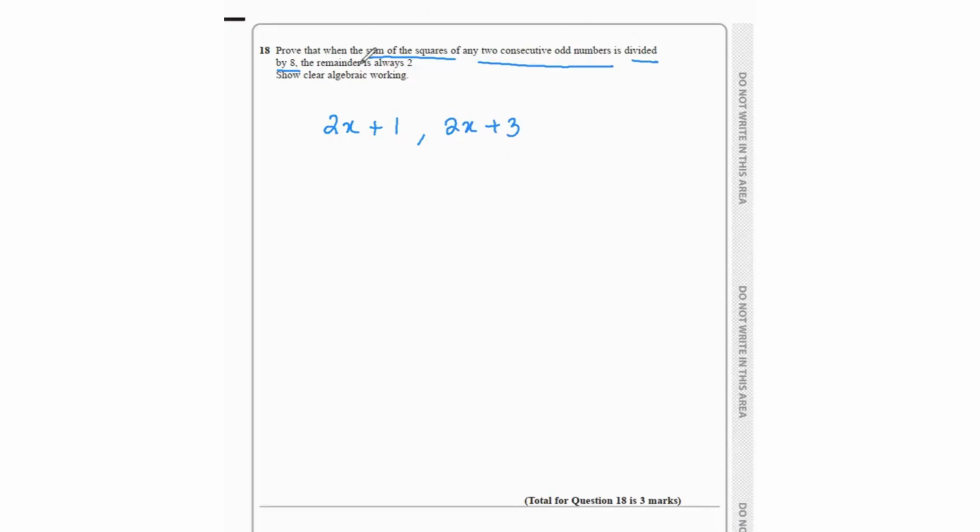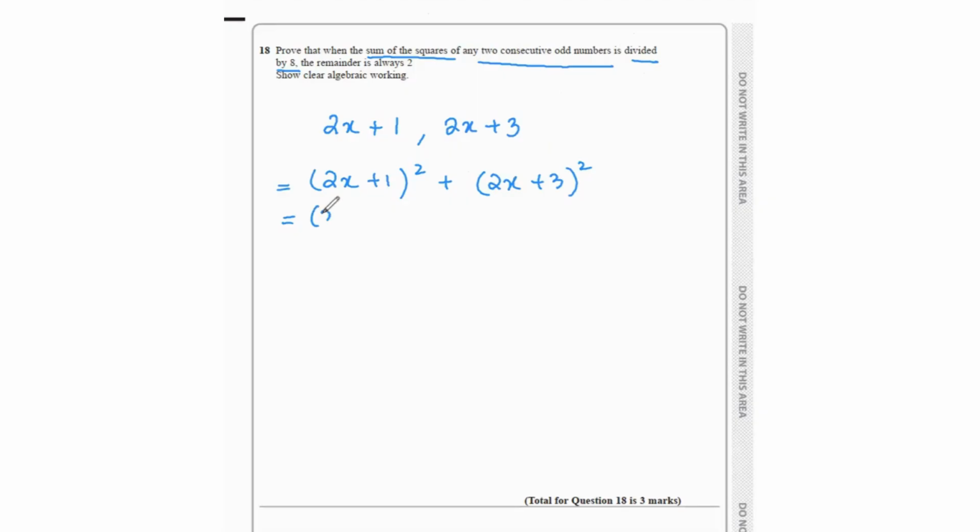Now, it says the sum of squares of any two consecutive odd numbers, so the sum of squares is (2x plus 1) whole squared plus (2x plus 3) whole squared. Let's find the sum of the squares.